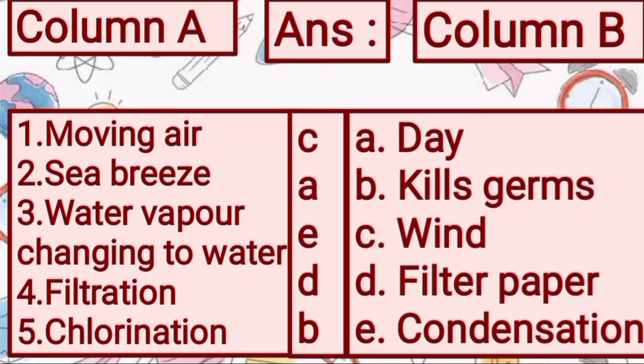As you know, water exists in nature as snow, liquid water and water vapor, and these states are interchangeable, means water can be changed into water vapor and water vapor can be changed to water. So here water vapor changing to water is called condensation. So the answer is option E, condensation.